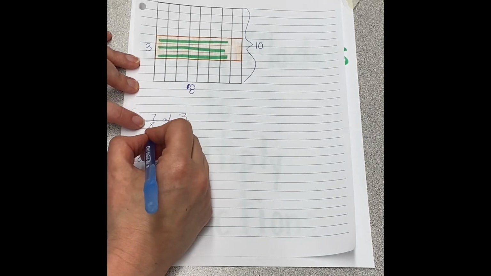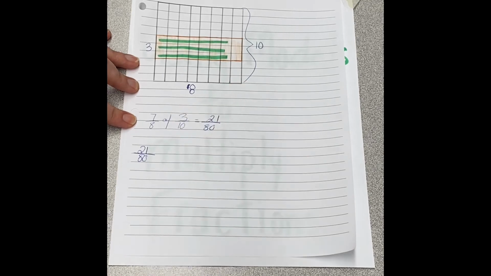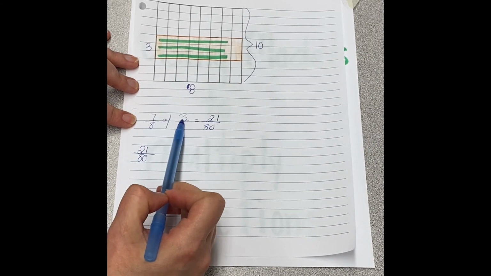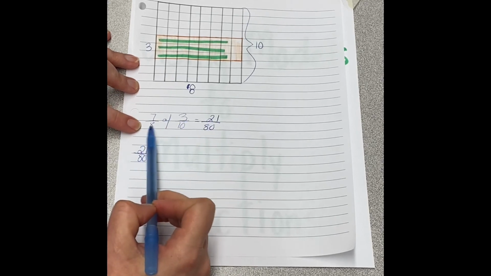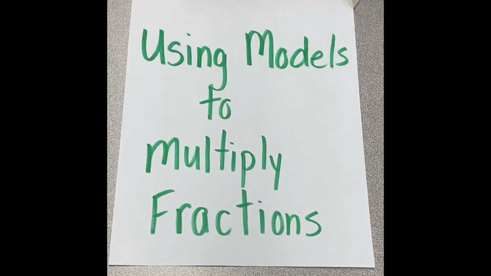So 7/8 of 3/10 equals 21/80. Again, I can confirm 7 multiplied by 3 gets me 21. 8 multiplied by 10 gets me 80. So here is using models to multiply fractions.